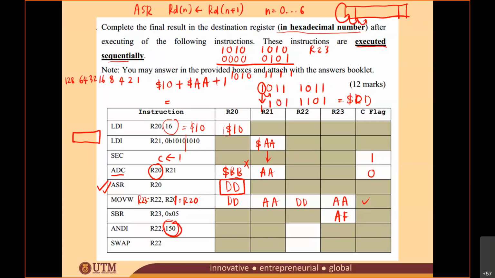So 128 should be 1 lah. You need to put 1 kat situ. So 150 minus 128, the remaining is 22. How to make the 22 by using this weightage? You see here, 64 cannot, 32 also exceeds 22. What about 16? Okay, so you put a 16. 22 minus 16, you need another 6. 8 cannot, 4 plus 2, and this one is 0. So this is your binary number.